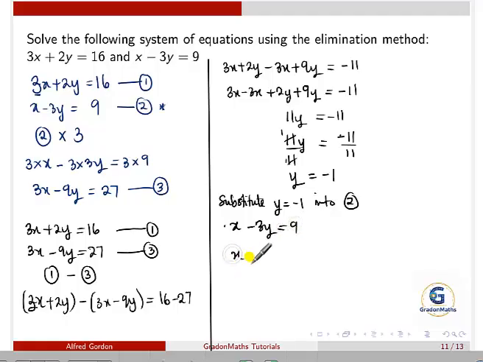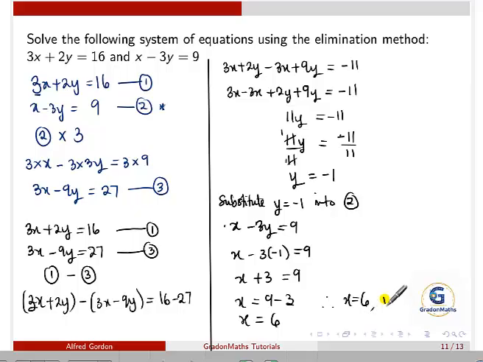So here x minus 3 times negative 1 is equal to 9. So here x plus 3 is equal to 9. We have x is equal to 9 minus 3, which gives us x to be equal to 6. So from our solution, we know that x is equal to 6 and y is equal to minus 1.